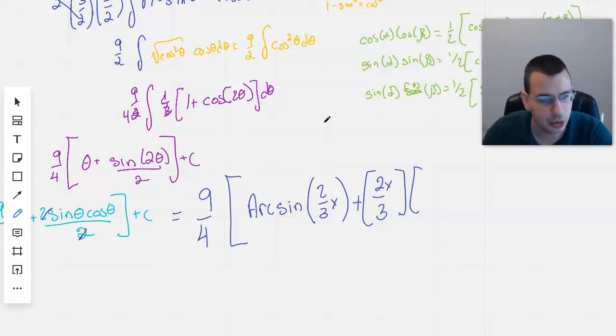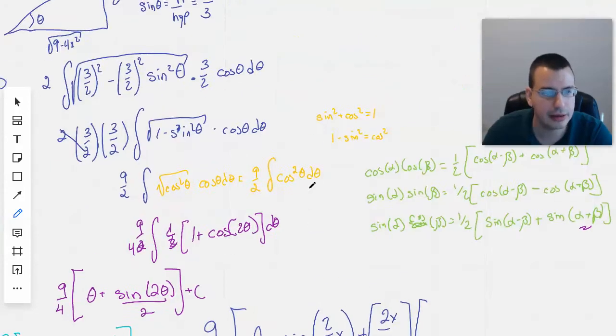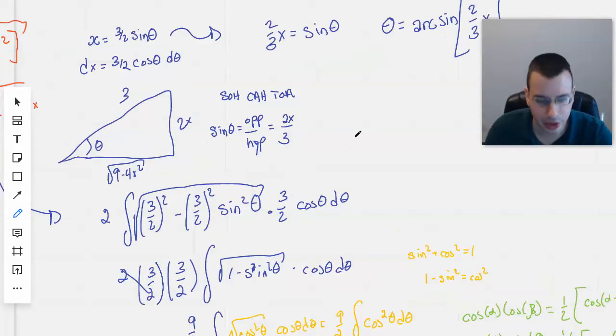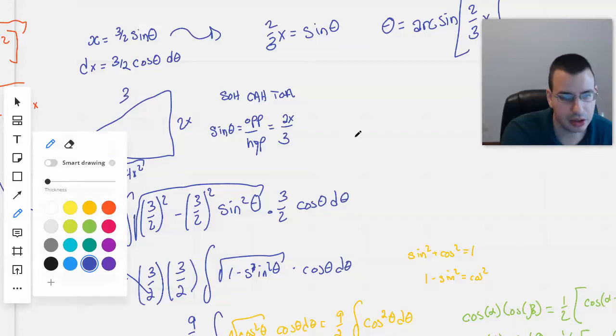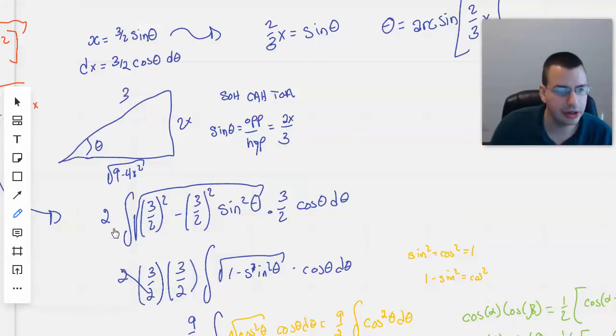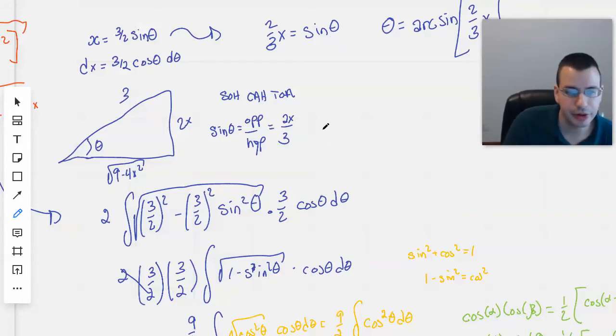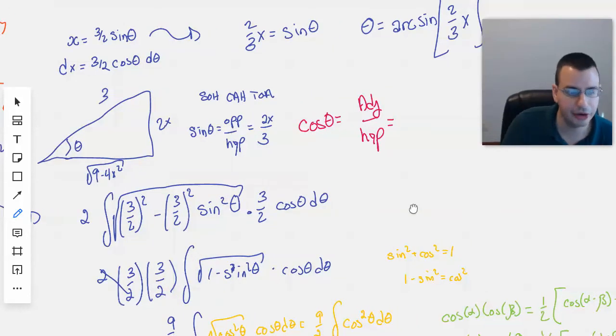So now for cosine of theta. Cosine of theta, we can do the same way. Cosine of theta equals SOHCAHTOA, adjacent over hypotenuse, which from our diagram we now know is the square root of 9 minus 4x squared over 3.